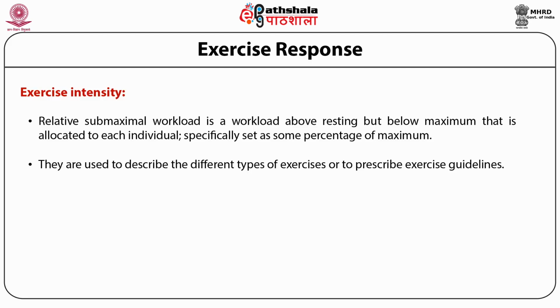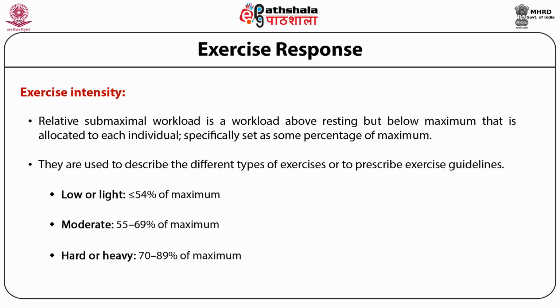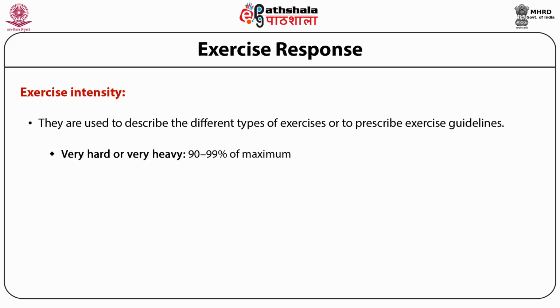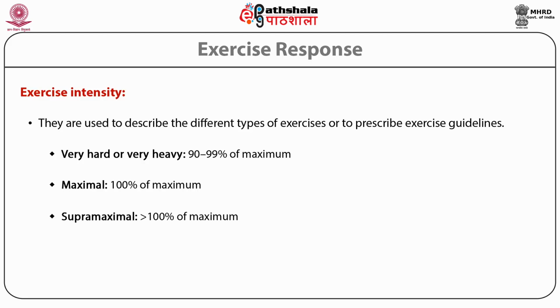Depending on the intensity, the exercise can be classified as low or light, which is less than or equal to 54% of the maximum, moderate, which is between 55 to 69% of the maximum, hard or heavy, between 70 to 89% of the maximum, very hard or very heavy, which ranges between 90 to 99% of the maximum, and the maximal, which is 100% of the maximum, and at the last the supramaximal, which is more than 100% of the maximum.